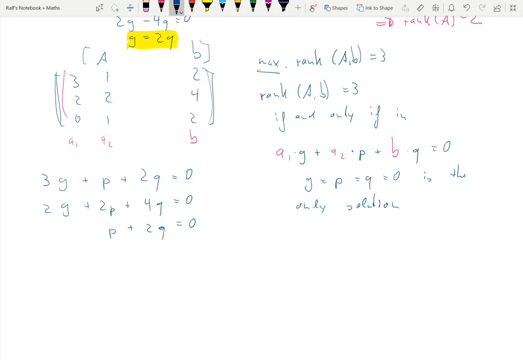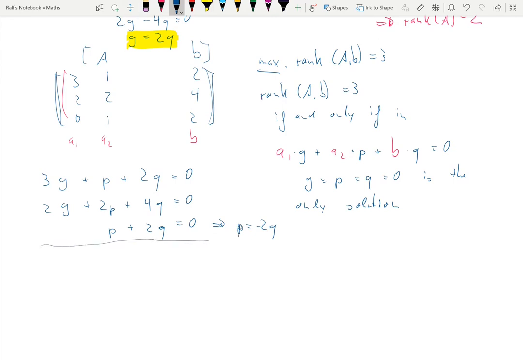So we have that. From here, that's the easiest first step. We get P is equal to negative 2Q.